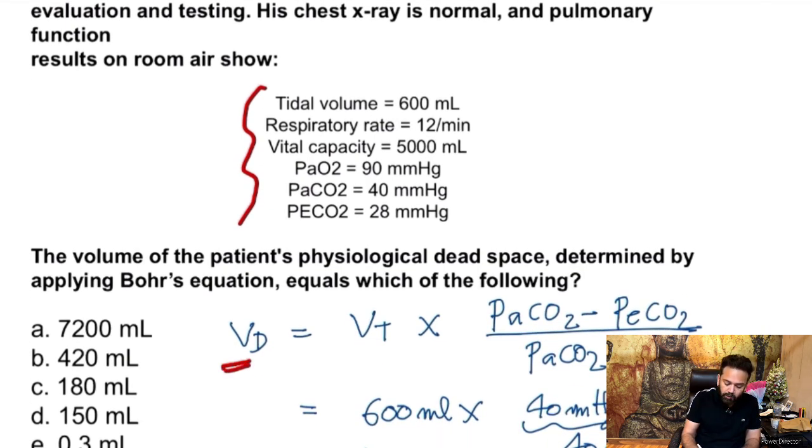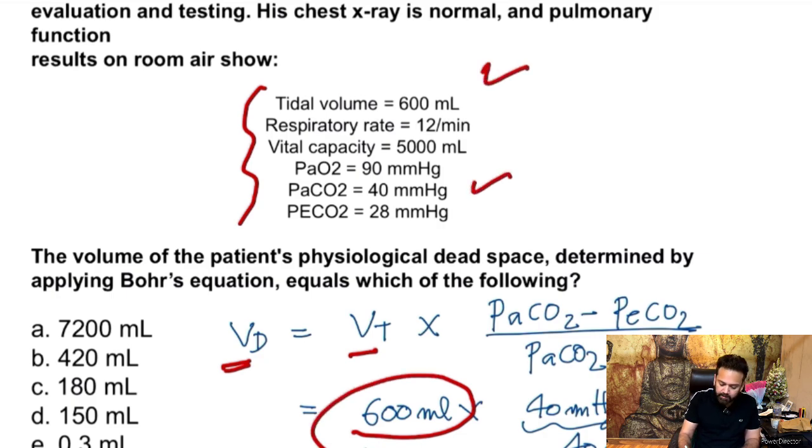Dead space is equal to tidal volume into PaCO2 minus PeCO2 upon PaCO2. Tidal volume they have given is 300 ml. PaCO2 they have given is 40. PeCO2, I mean CO2 in the expired air, is 28. So 28 upon 40, and when you solve it comes to be 180 ml.